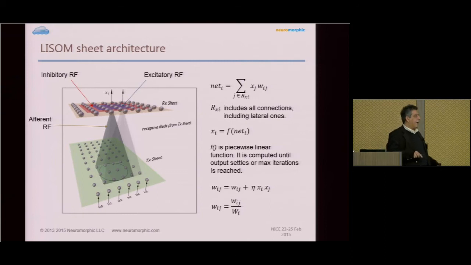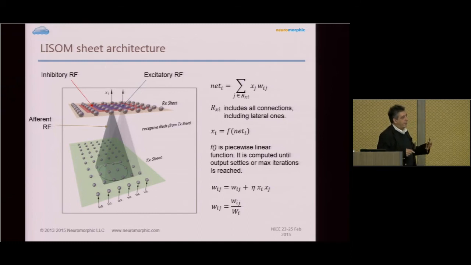Then a number of iterations happen in order for the output to settle. Based on experimental work done by my team as well as many others, this is rather quick, anywhere from 4 to 8.